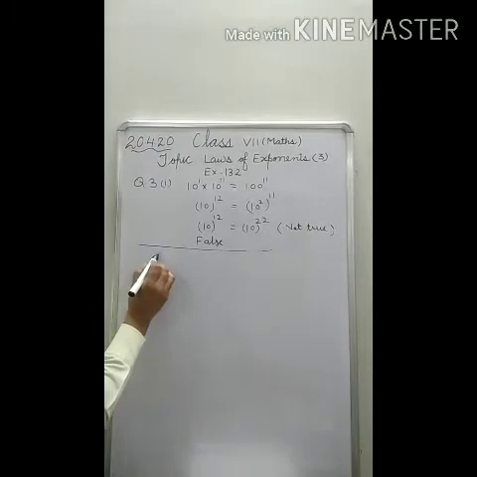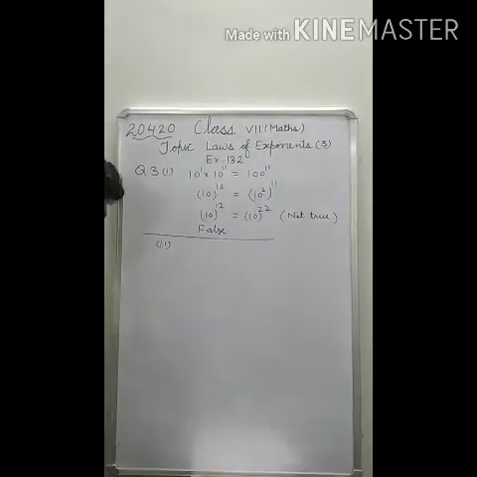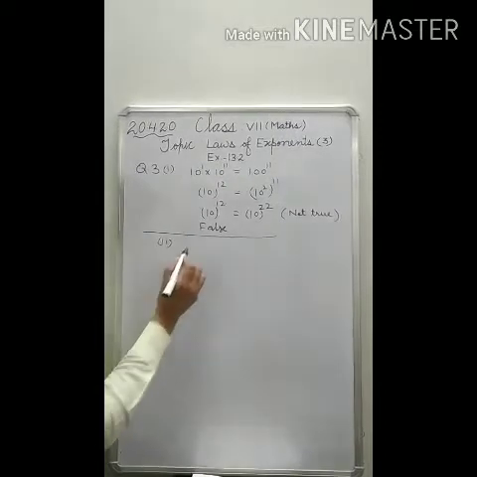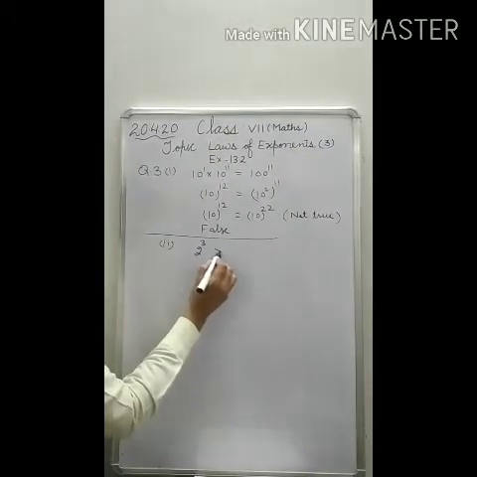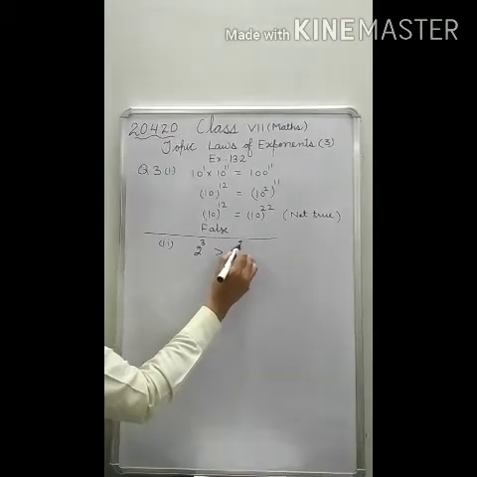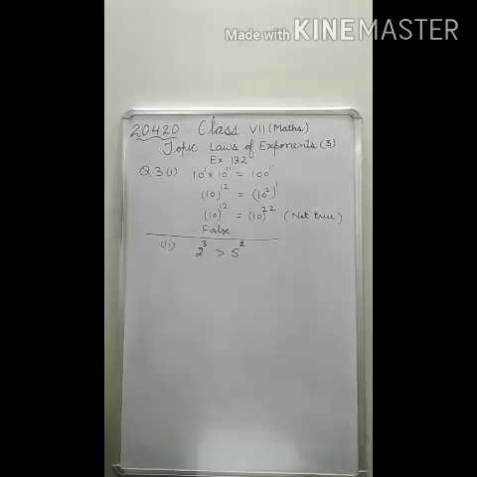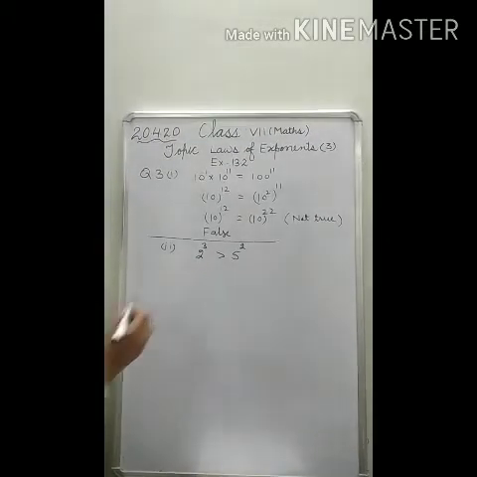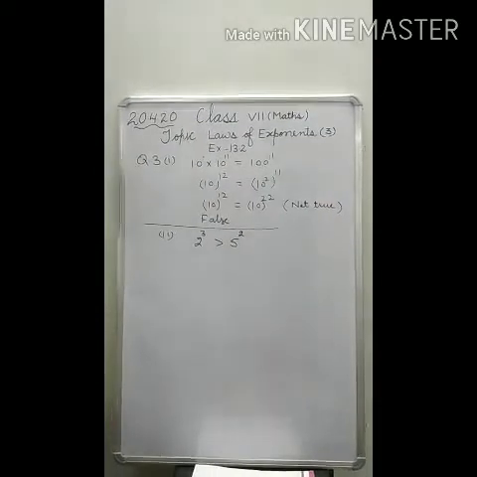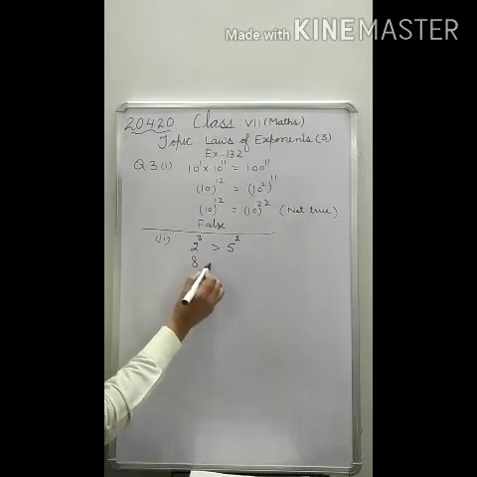Now let us move to the second part. Students, in the second part we are given 2 raised to the power 3 is greater than 5 raised to the power 2. We have to tell whether this statement is true or false. So again let us start. Here 2 raised to the power 3 means 2 multiplied by 2 multiplied by 2, and it will be 8.